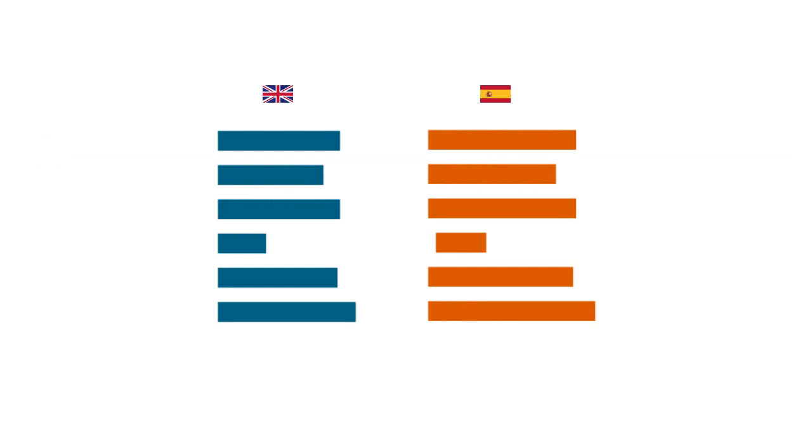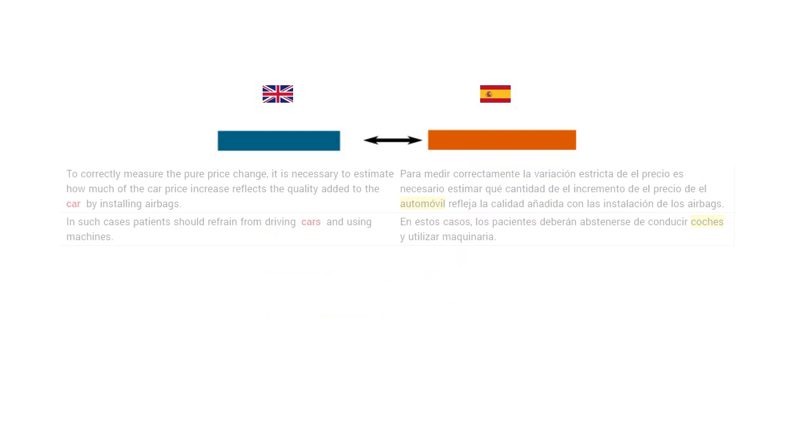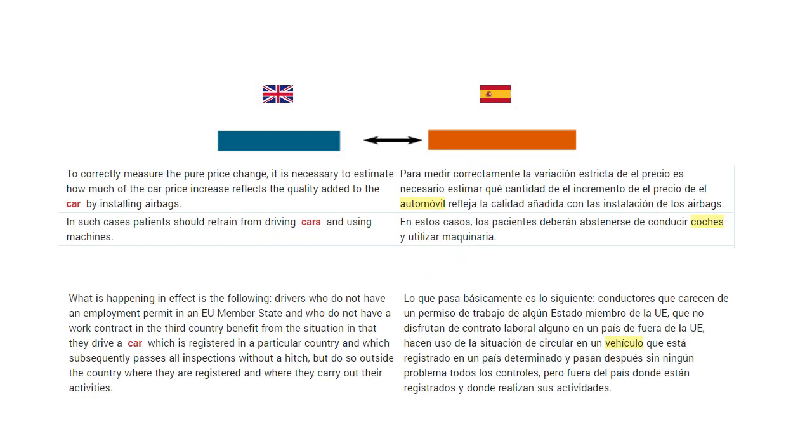The very important thing is that the texts are aligned. Alignment means that Sketch Engine knows which segment in one language corresponds to which segment in the other language. A segment refers typically to a sentence or short paragraph.